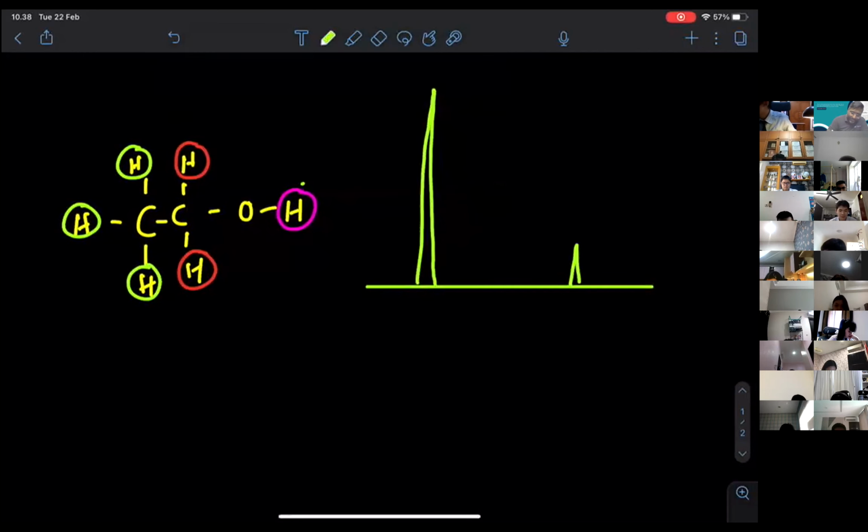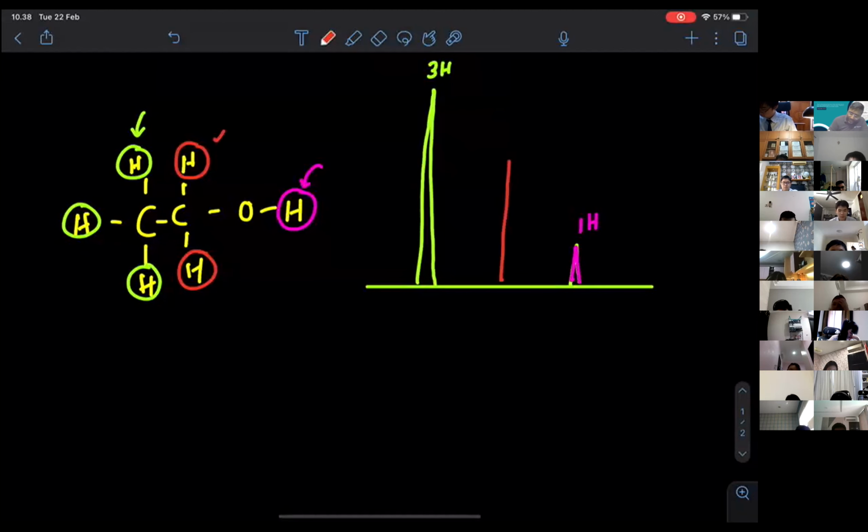Let's say this is 3 hydrogen, so this one represents this. And if I color code, this one represents 1H, which is this one, and the hydrogen coming from here covers from here to here, so 2 hydrogen. This is the information that we can get.